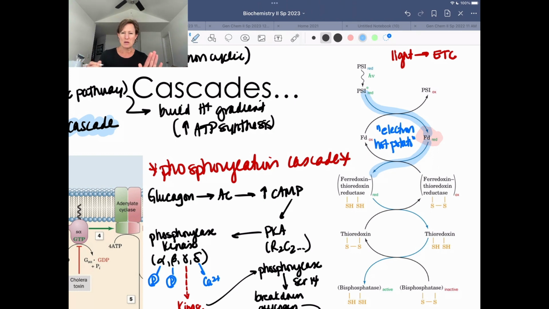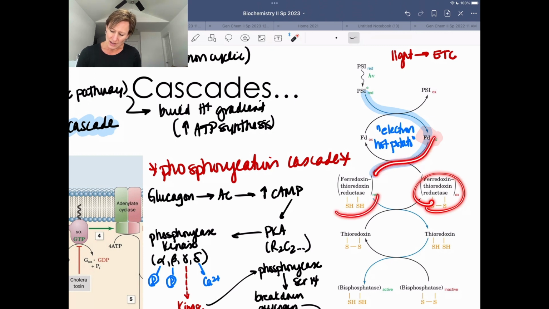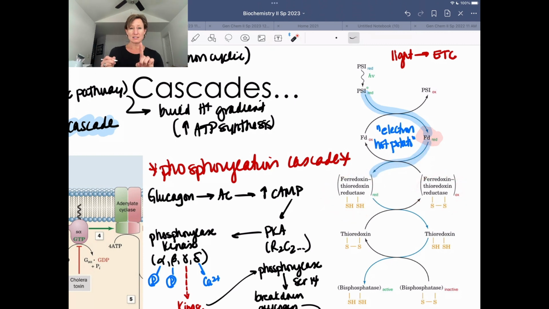You do not need to remember any of the names of these enzymes, but notice what's happening here. We have all of these proteins with thiol functional groups, probably from cysteine residues. Once they go from their oxidized state and take on those electrons, they become the reduced state. The oxidized state is going to be that disulfide link, and the reduced state is when there is a free thiol. We do not need to remember the details of these players.